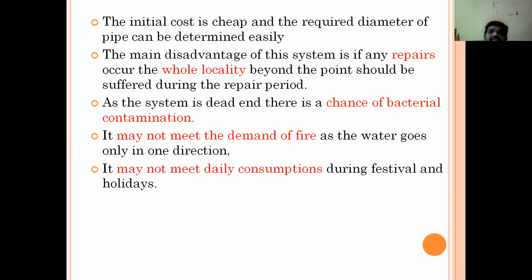As the water is stagnating at the dead end, there is a chance of bacterial contamination, and it may not meet the demand of fire as the water goes only in one direction, and it may not meet daily consumption during festivals and holidays. These are the things which we need to remember.